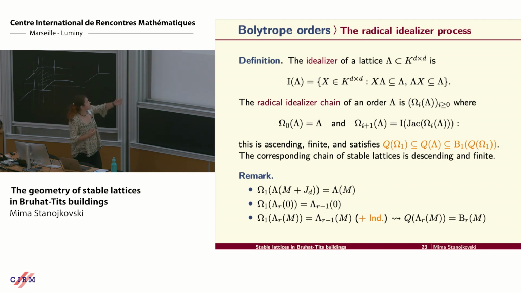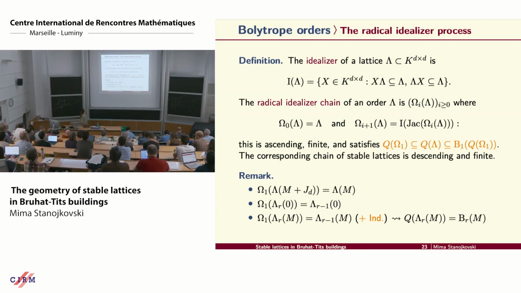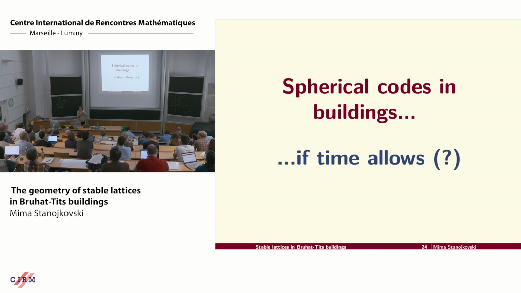And the nice thing is that this respects this concept of distance. So going up and down, you always go down by 1 in the radius. So at some point, eventually, with polytrope orders, you end up in an apartment. It's quite nice. Okay, so does time allow 5 minutes, 7 minutes of codes?